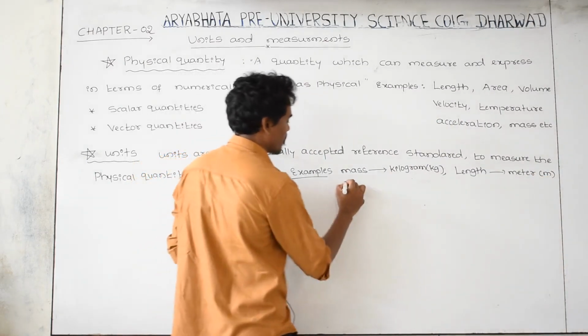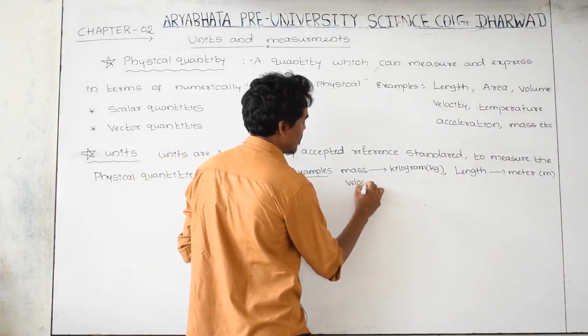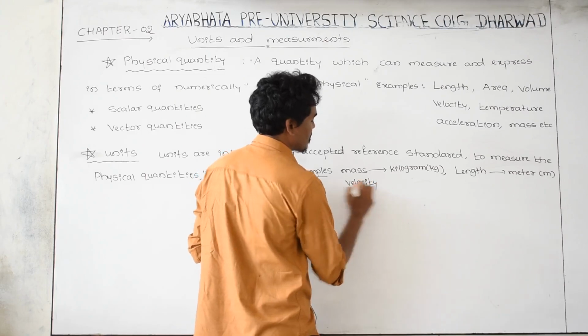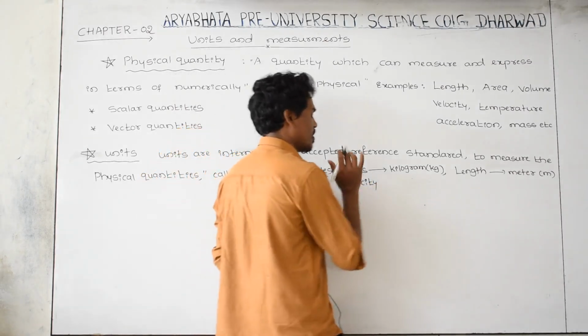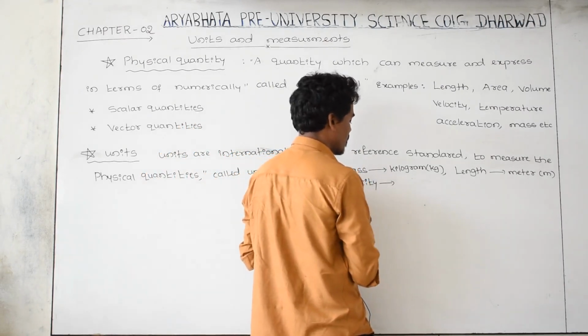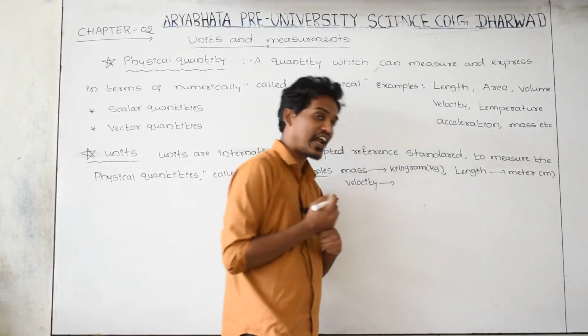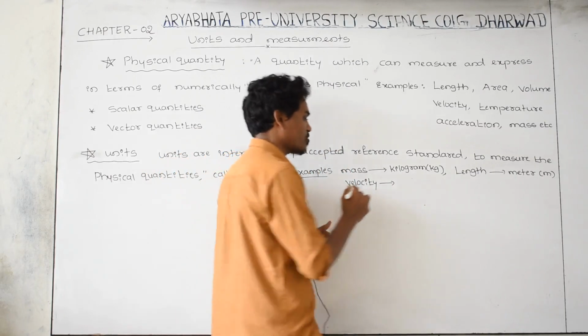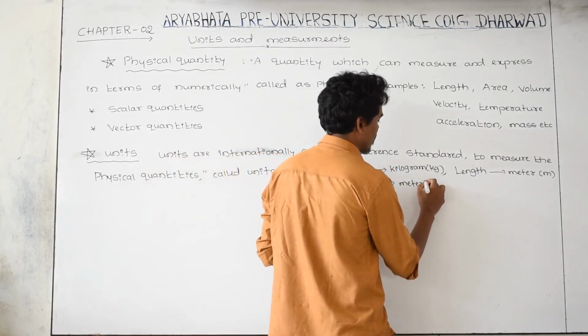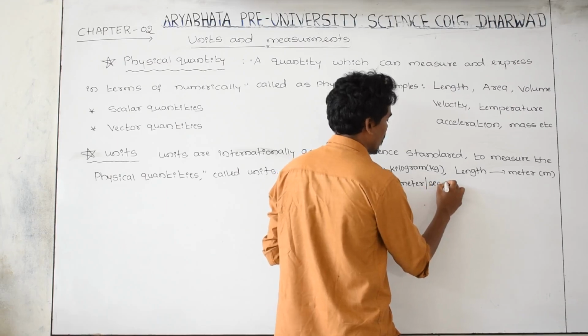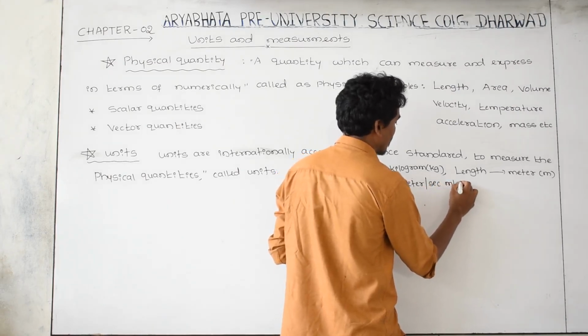And velocity is there. It is a physical quantity which is possible to measure, and to measure this, the internationally accepted standard unit which we are using is meter per second.